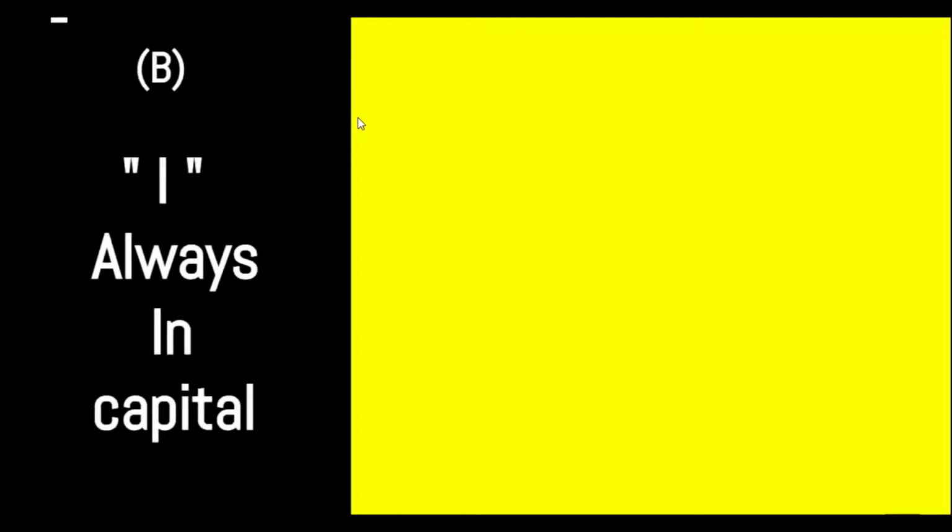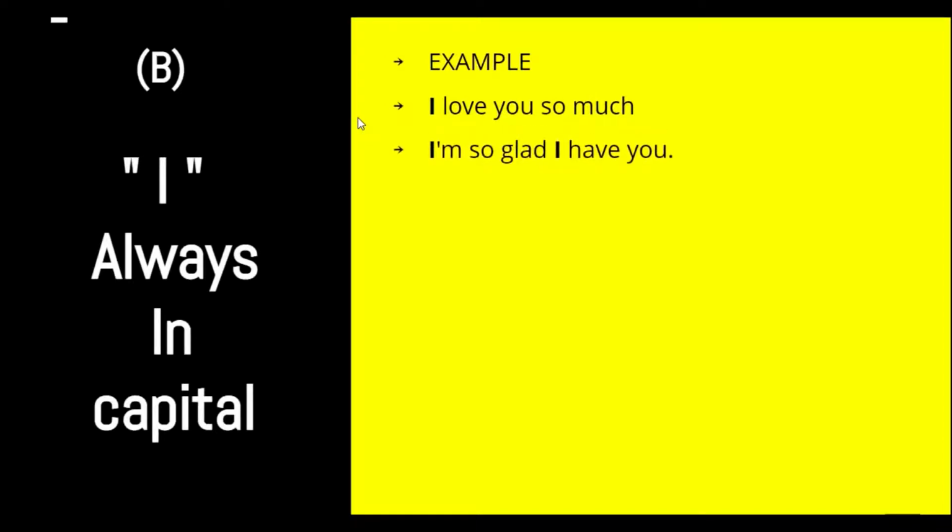The second rule is that I is always capital, no matter whether it is at the beginning of the sentence, the end of the sentence, or the center of the sentence. Whenever you write I, always write it in capital letter. For example, I love you so much. Here I is a capital letter. I am so glad I have you. Here I use I twice, and both times I is a capital letter.